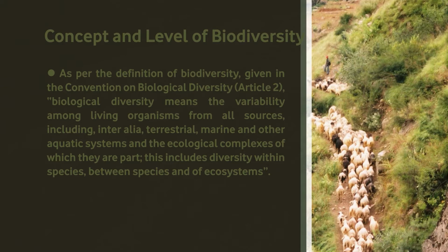As per the definition given in the Convention on Biological Diversity under Article 2, biological diversity means the variability among living organisms from all sources, including inter alia terrestrial, marine, other aquatic ecosystems, and the ecological complexes of which they are part. That includes the diversity within species, between species, and of ecosystems.